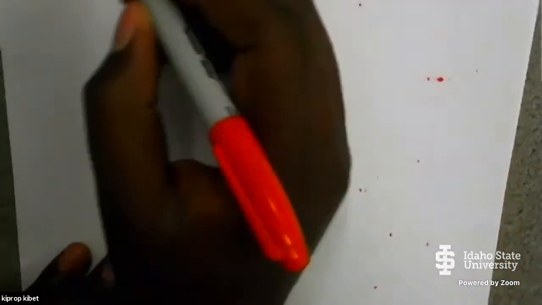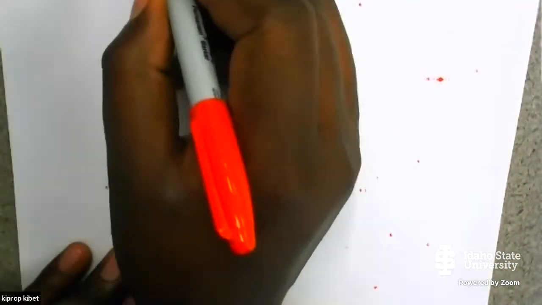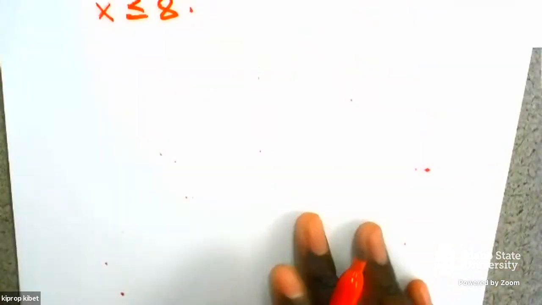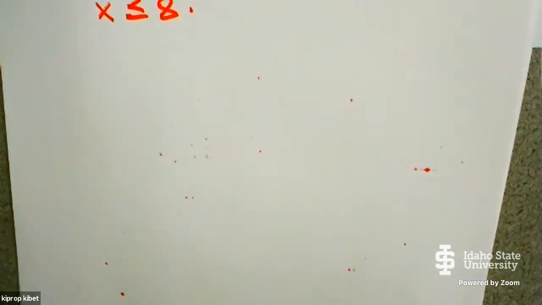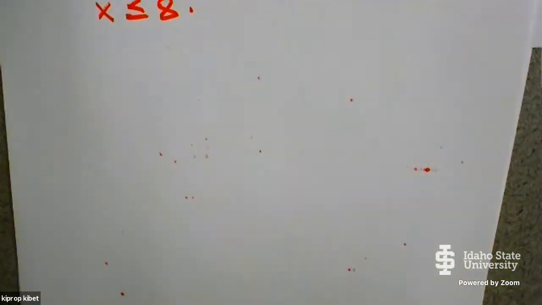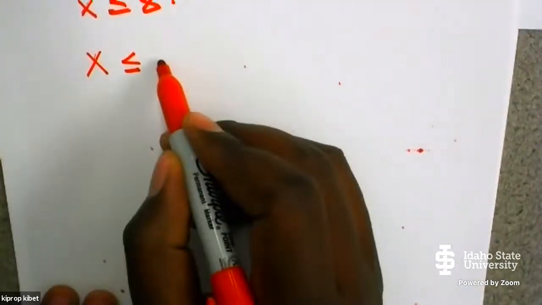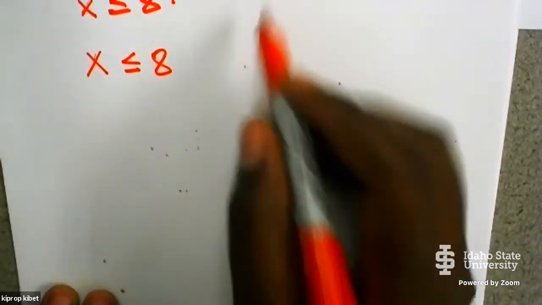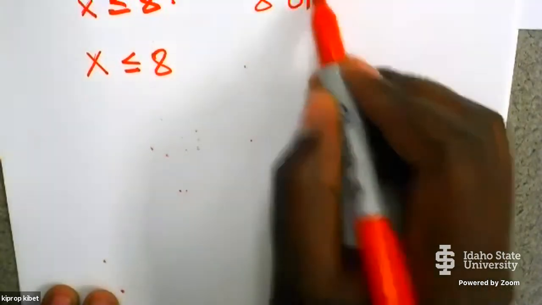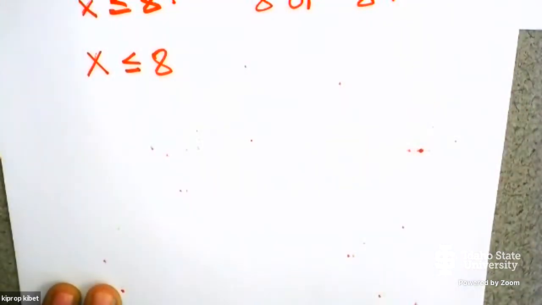So again, if we have now x less or equals to 8. The question can be, write the solution in interval and algebraic notation. So how will we write this? First of all, you start by writing x less or equals to 8, and the values are 8 or minus 8, right?